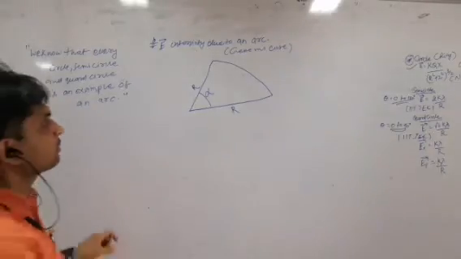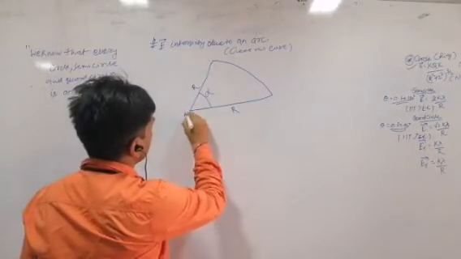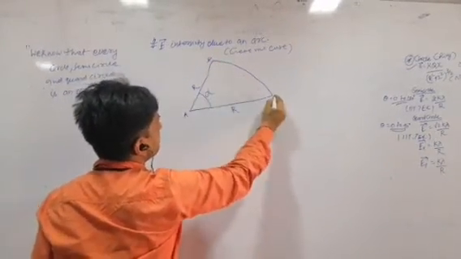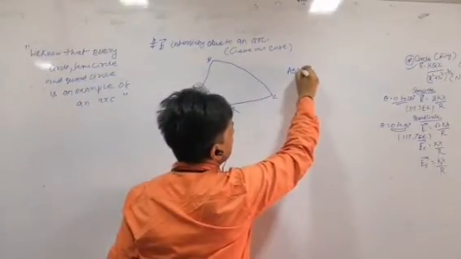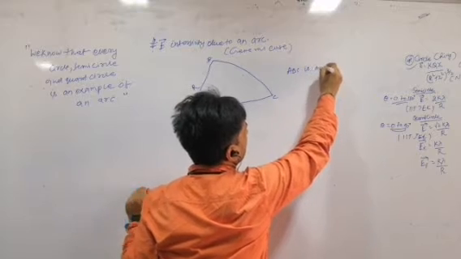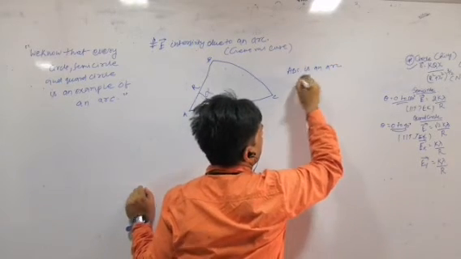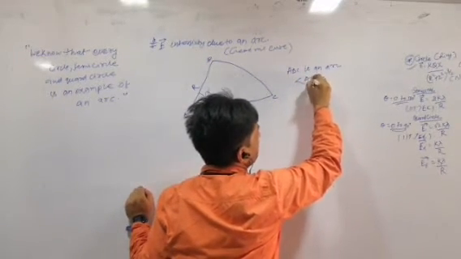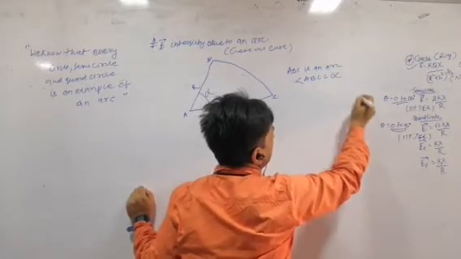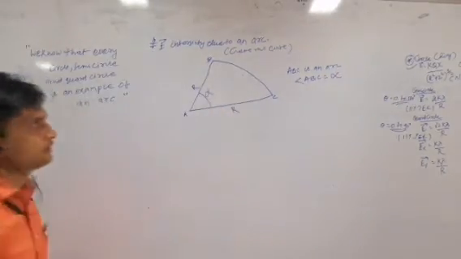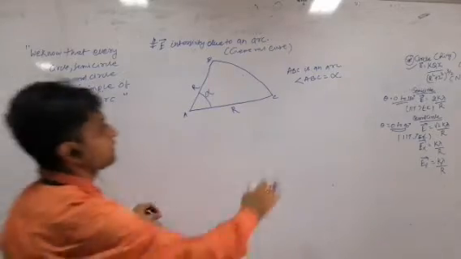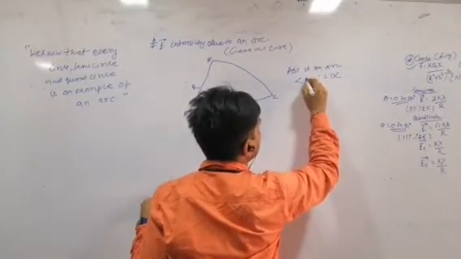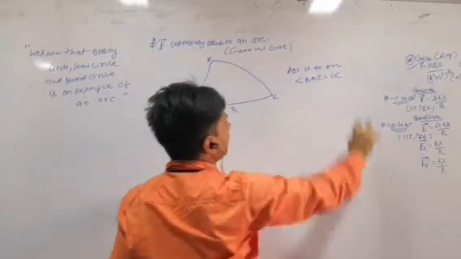You can also name it A, B, C. So ABC is an arc. Angle BAC is taken as alpha.